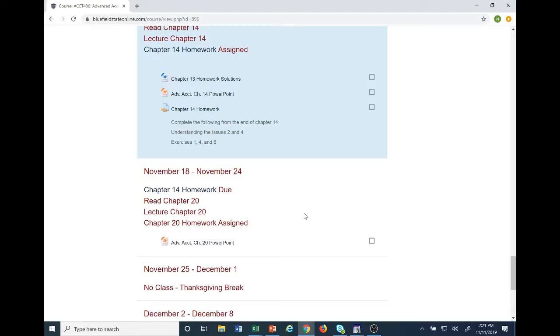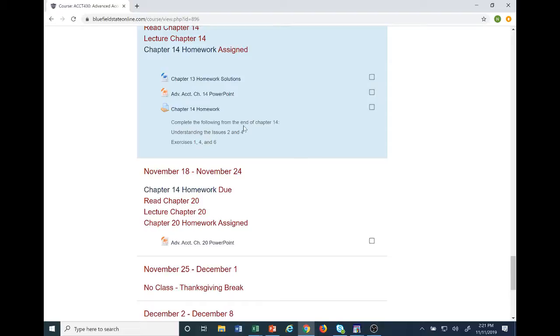But at this point, I think that I just want to see what everyone can do on their own at this point. I feel that this content is a little easier than that of the foreign currency translations and dealing with consolidations and acquisitions and stuff of that sort. So therefore, I want to see what you all can do on your own on these parts of your homework.